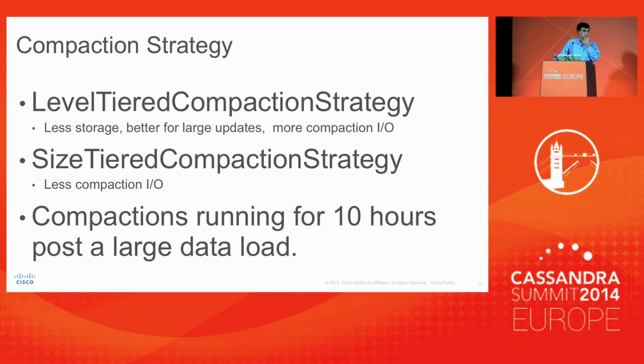So we started looking at the compaction strategies more seriously, and the pros and cons of using additional storage versus actually being able to run your compactions in a reasonable amount of time. So for the larger loads where we had a lot of write operations, we moved back to the size tiered compaction strategy. And changing while everything is running is fine as well, we tried that in practice. You just want to make sure you have enough storage.